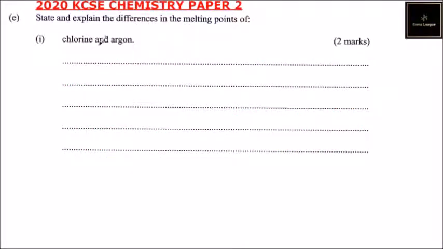E, we are told to state and explain the differences in melting points of chlorine and argon. So you can say the melting point of chlorine is higher than that of argon.